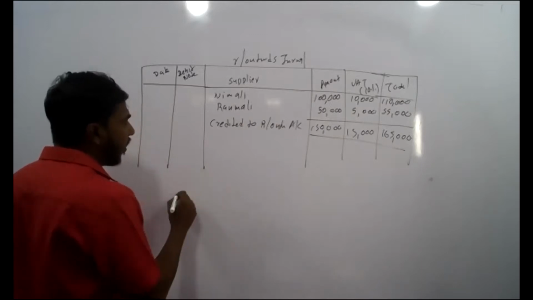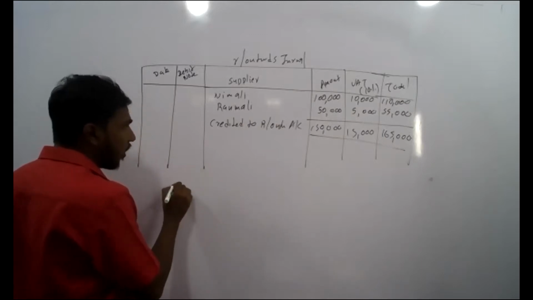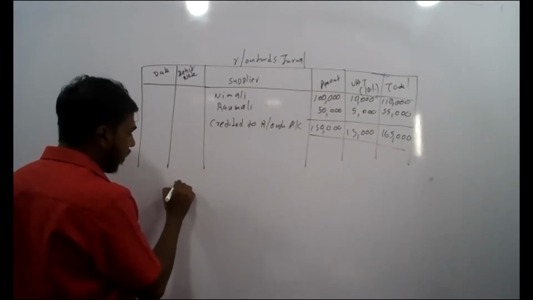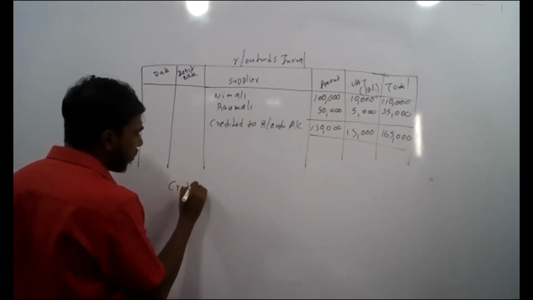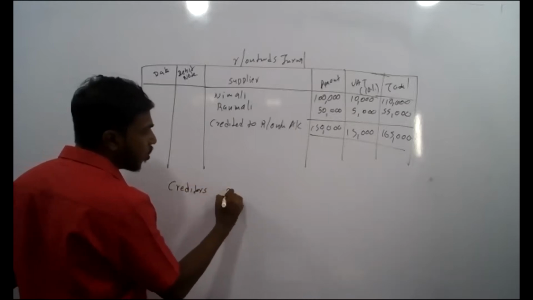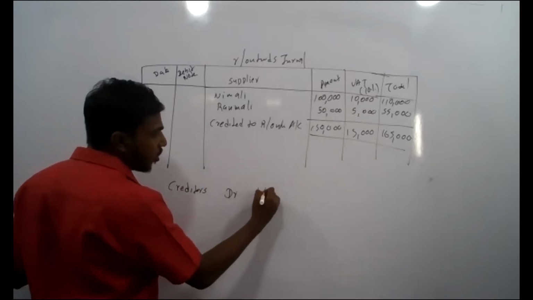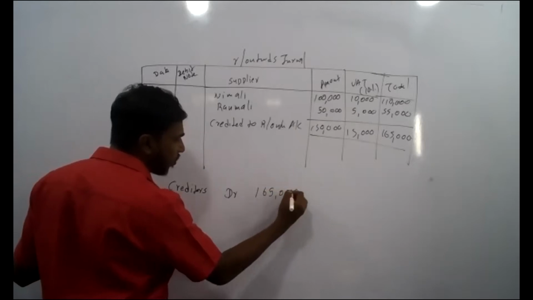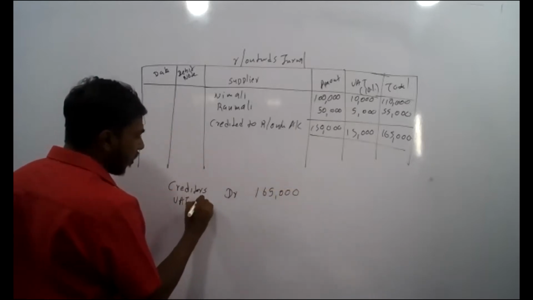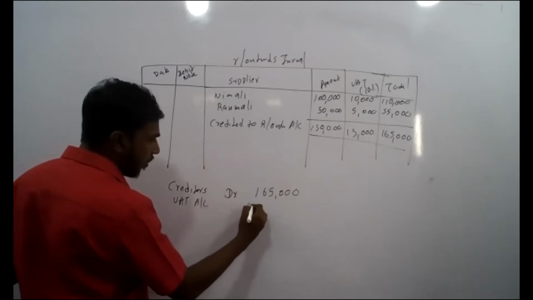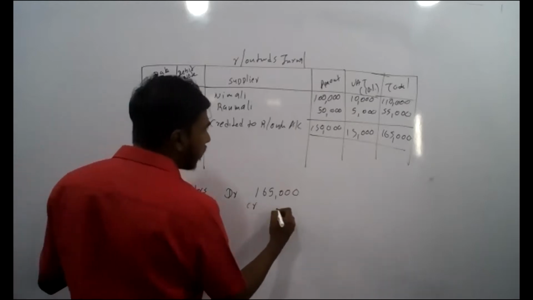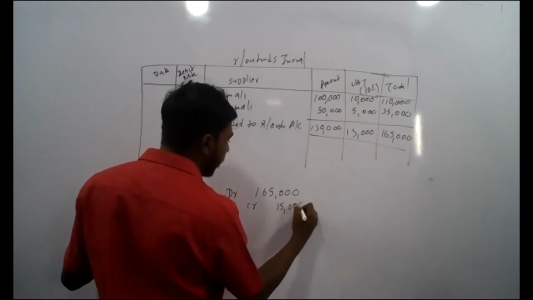What should be the double entry? Creditors should be debited because you send it back to creditors. Creditors should be debited 165,000. VAT account 15,000. Then return outwards.